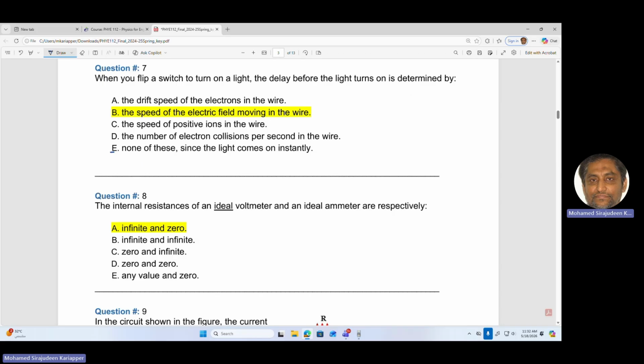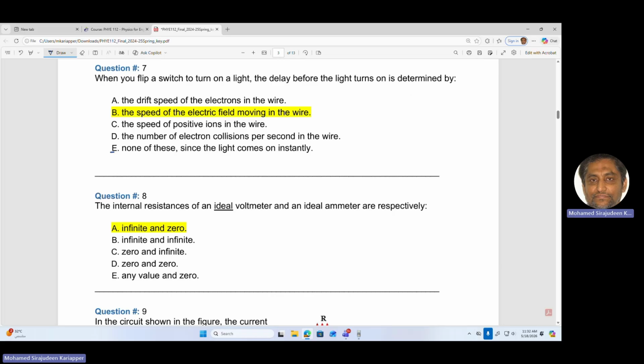The moment the switch is on, the electric field travels to the bulb at the speed of light. When the electric field reaches the bulb, the electrons in the bulb will move. You don't have to wait for an electron from the battery to come all the way to the bulb. So that's why when you turn the switch on, it lights immediately.